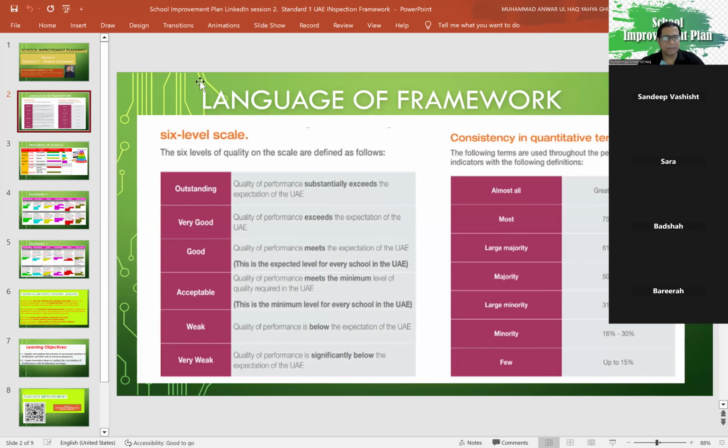For example, there are six levels or scales on which the inspection from the ministry goes. It starts from very weak, weak, acceptable, good, very good, and outstanding.